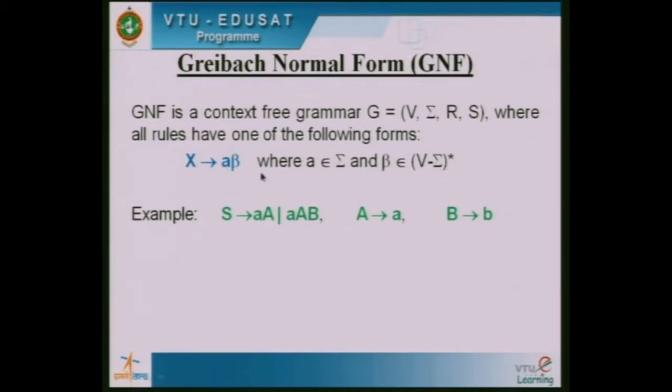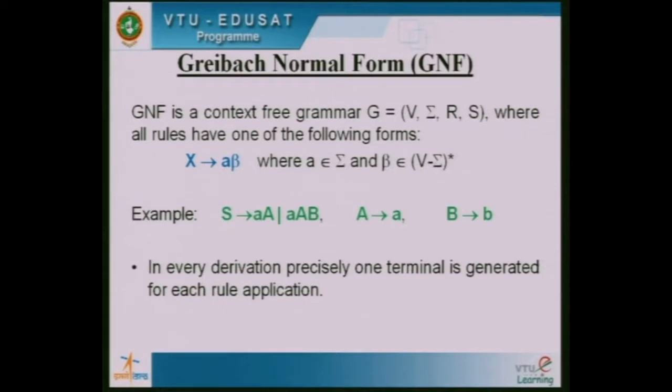So, all possible rules in Greibach normal form are either an RHS consisting of one terminal symbol, or a terminal followed by a number of non-terminals. Here, one terminal followed by one non-terminal is accepted, one terminal followed by two non-terminals is accepted, and so on. One terminal symbol is compulsory, after that you may have any number of non-terminal symbols following it, or just one terminal at the RHS. This is the format of the rules written in Greibach normal form.